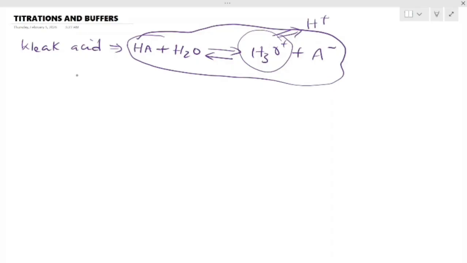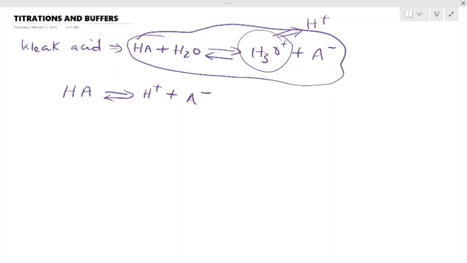So if we are to rewrite that reaction in solution, we could write HA to give you H plus for the dissociation reaction plus A minus.